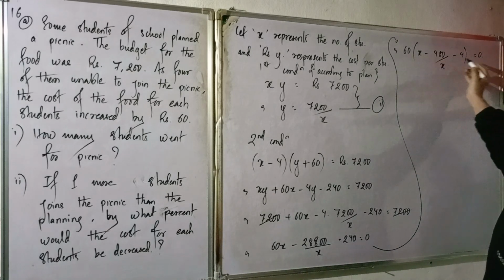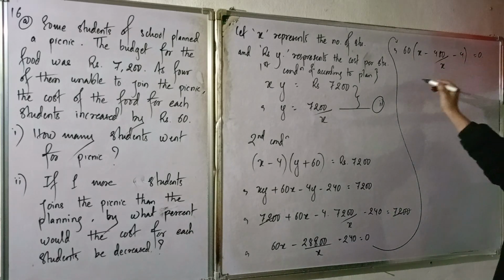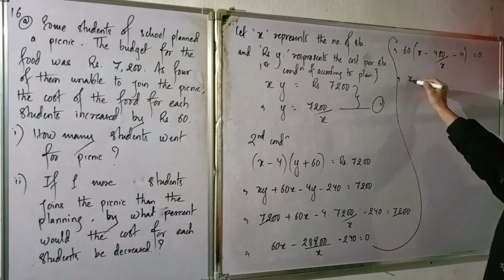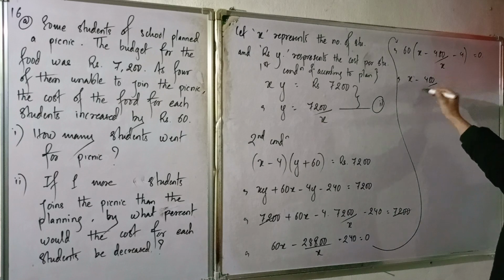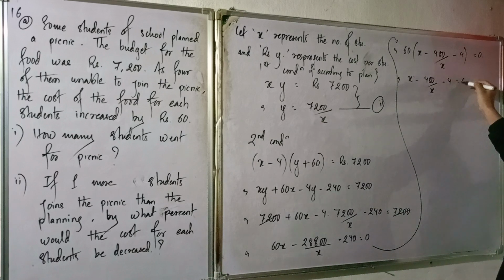Now 60 will go with 0 and the remaining will be x minus 480 divided by x minus 4 equals 0.